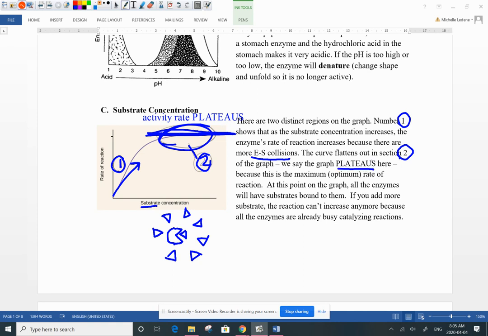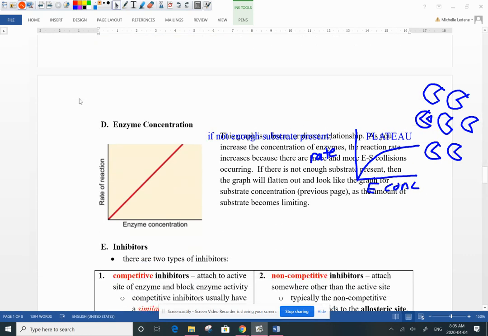The maximum rate can't get any higher, because at that point the enzyme becomes the limiting factor. There's so much substrate but not enough enzyme. You can see here's all these substrate molecules, but when an enzyme is busy catalyzing, he is not able to catalyze any more than one reaction at a time. So the enzyme has become my limiting factor, and that explains why the graph plateaus.